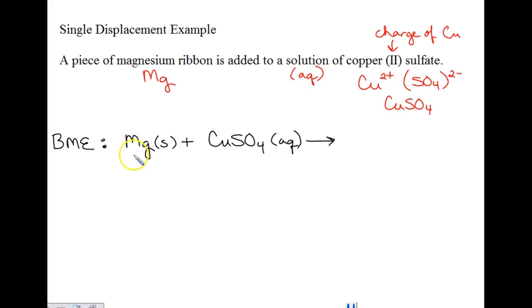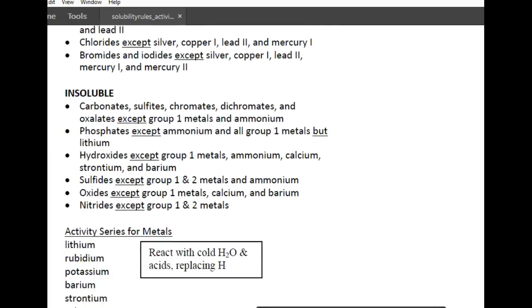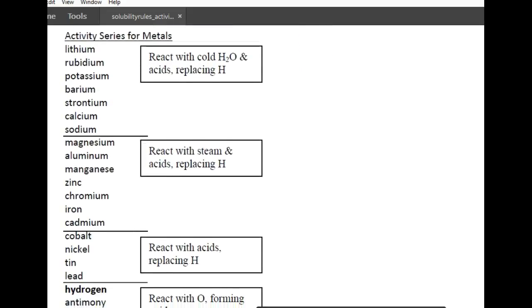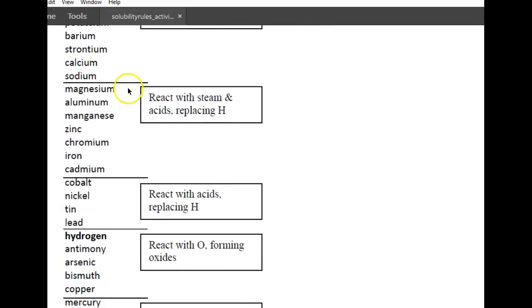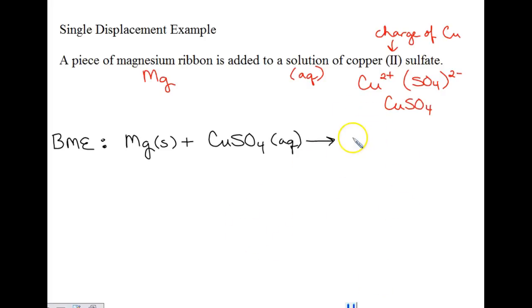We're going to be comparing the magnesium to the copper in solution. So magnesium is there, and the copper is way down there. Since the magnesium is higher in the list than copper, it is more reactive and it will replace the copper in solution. So the copper is going to precipitate out, and then the magnesium is going to take its place.